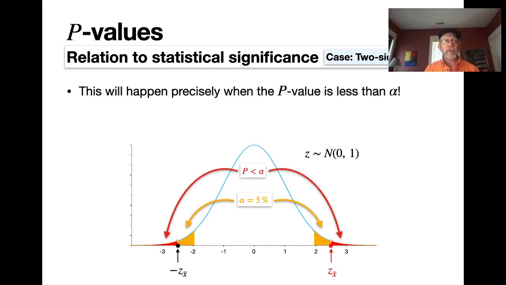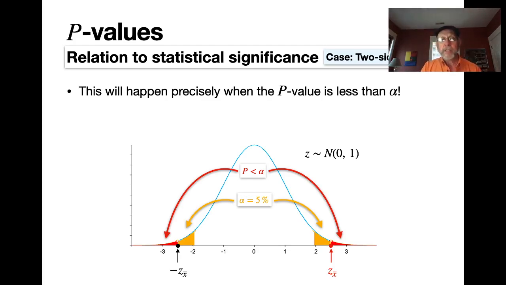I've shaded those tails in red, and you can see that would be our p-value, the area of the red shaded region. Clearly, that area has got to be less than our significance value of 5%, right? Because we're inside that region.